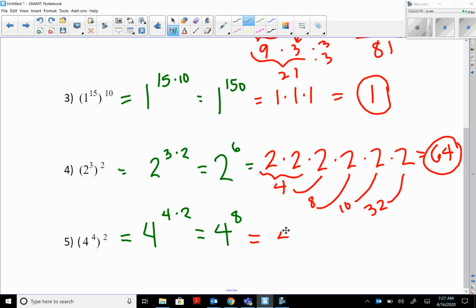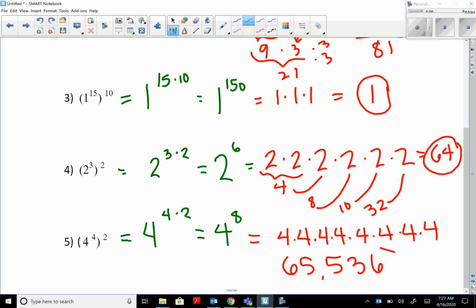But basically you know that it's just 4 times itself 8 times. And I am going to use a calculator on this one. So I'm going to turn my iPhone to the side. 4 to the power of 8 is 65,536.